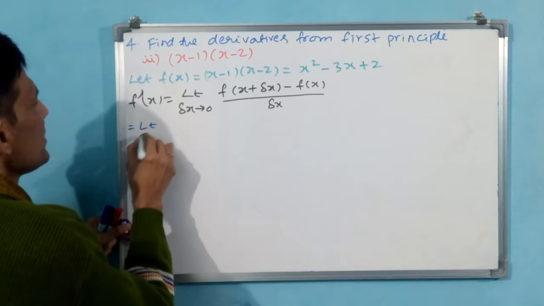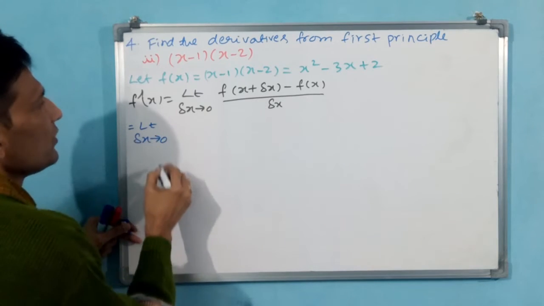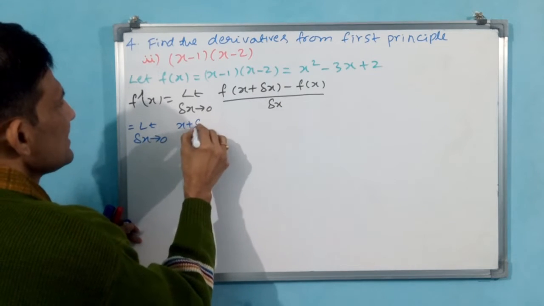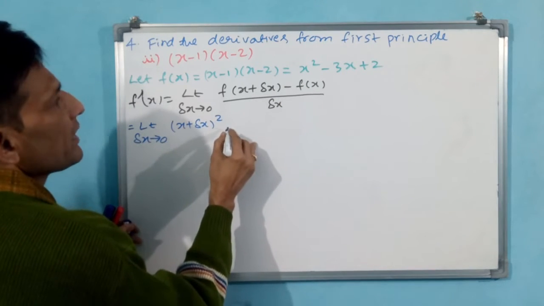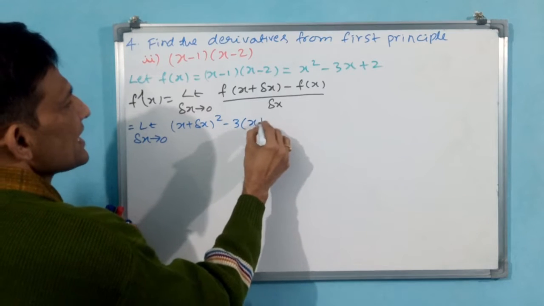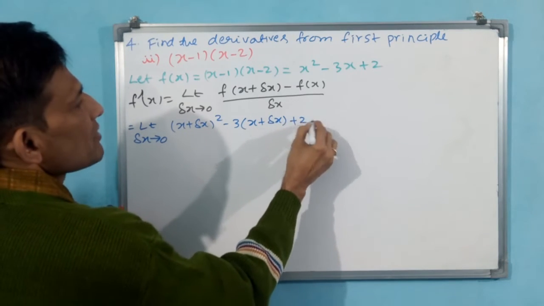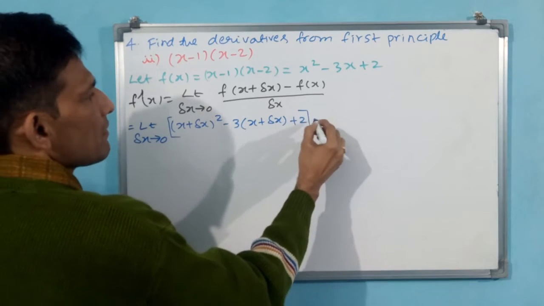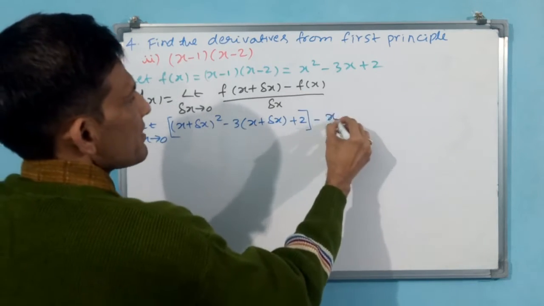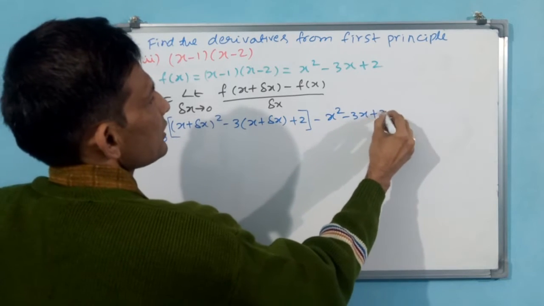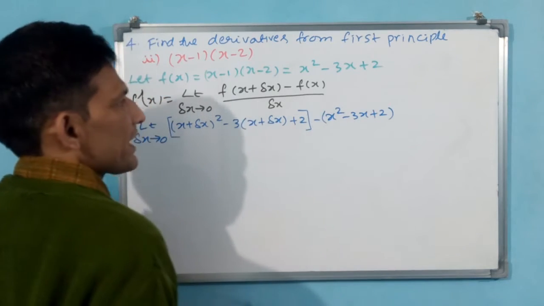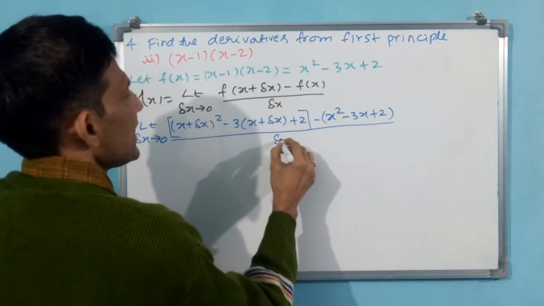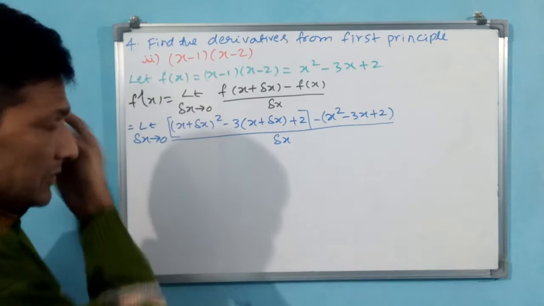Write down limit delta x tends to 0. F of x plus delta x means x plus delta x whole square minus 3 into x plus delta x plus 2. Okay. This is f of x plus delta x minus f of x. Same again you repeat x square minus 3x plus 2 but put under one bracket, divided by delta x.